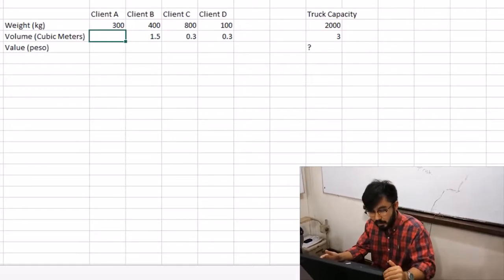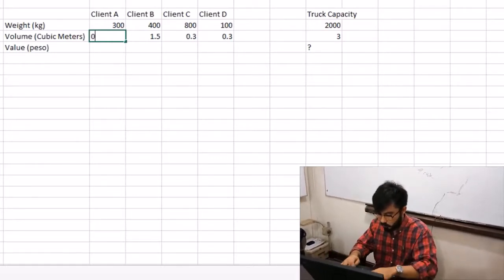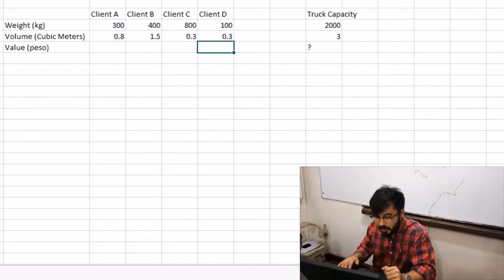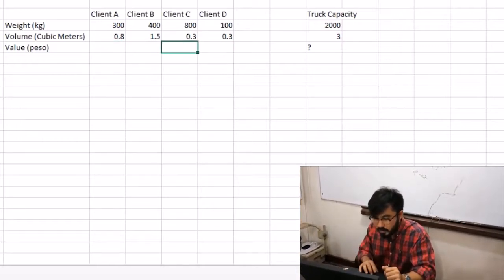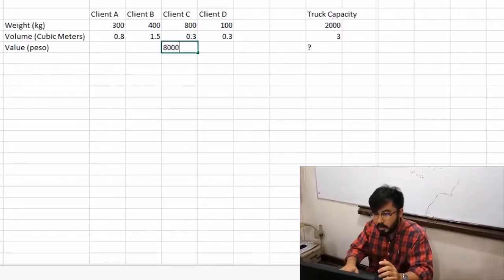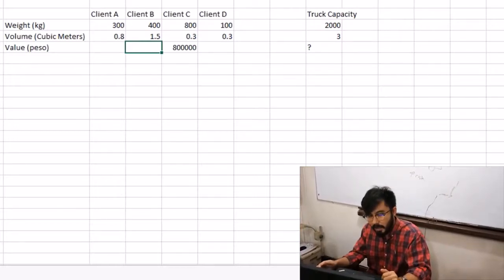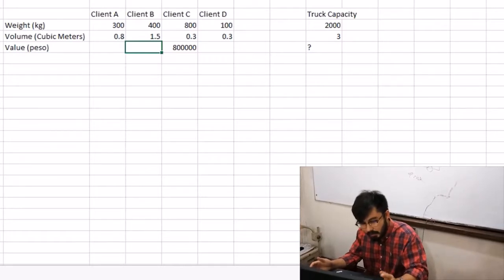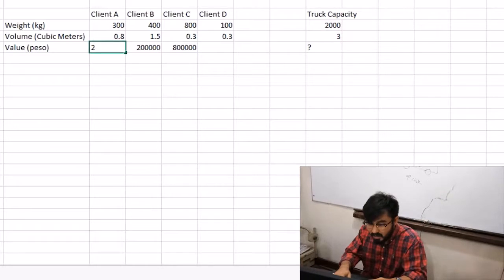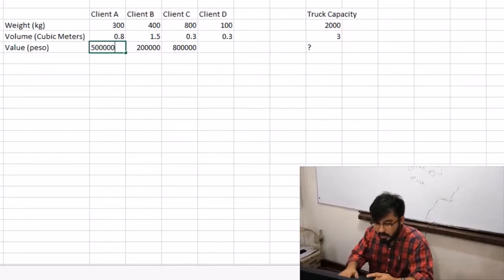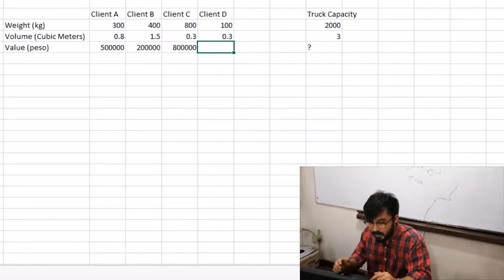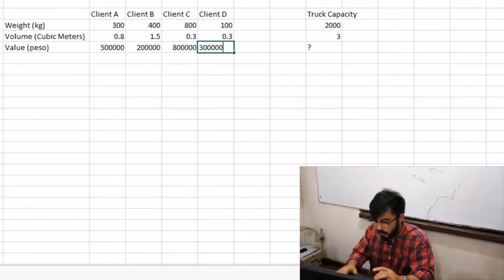And let's say this 300 is 0.8 cubic meters. Peso value, let's say that this heavy one that's not so big is 800,000 pesos. Client B, say this is 200,000. Let's say this is 500,000. Sorry. And let's say this guy is 300,000.